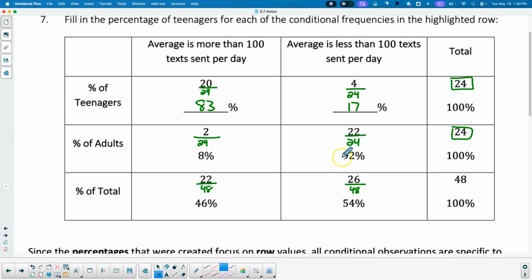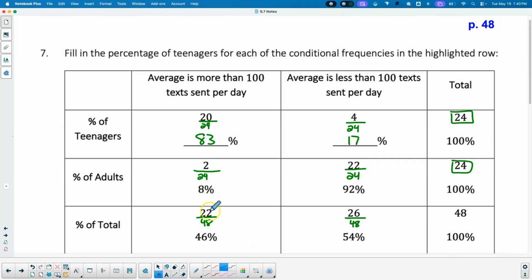And she sends more than 100 texts per day. So is she in that normal range? No. Overall, this is overall, right? Because there's 22 out of the 48 that send more than 100 texts per day, so she's not in the majority. Okay, so she kind of disproved herself right there, right?